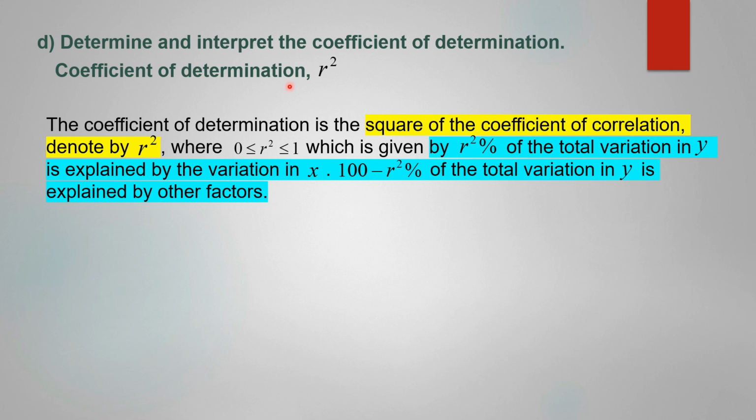Coefficient of determination, which is denoted by R square. The coefficient of determination is the square of the coefficient of correlation, denoted by R square, where R square is greater than or equal to 0 and less than or equal to 1, which is given by R square percentage of the total variation in Y is explained by the variation in X. Whereas 100 minus R square percentage of the total variation in Y is explained by other factors.